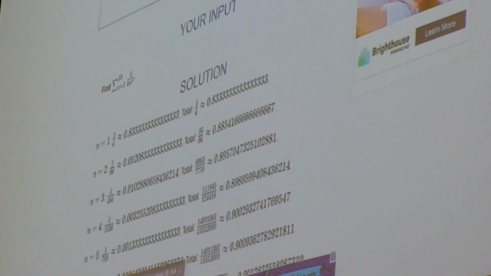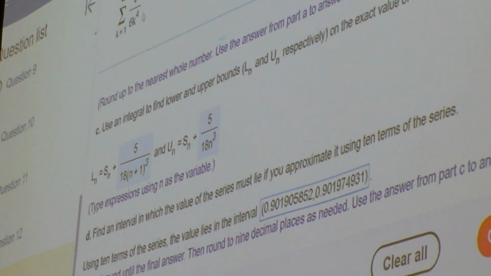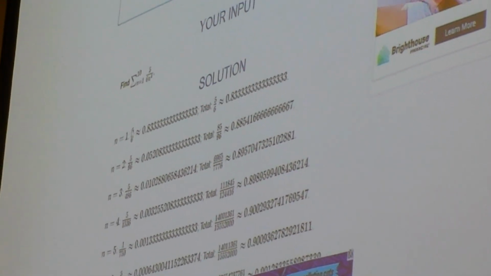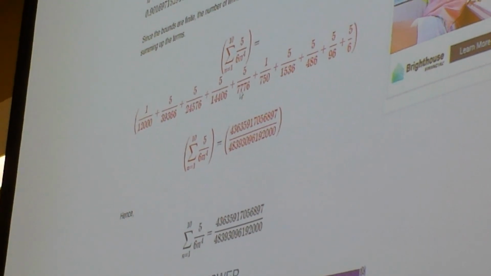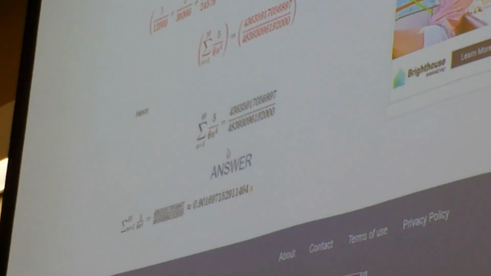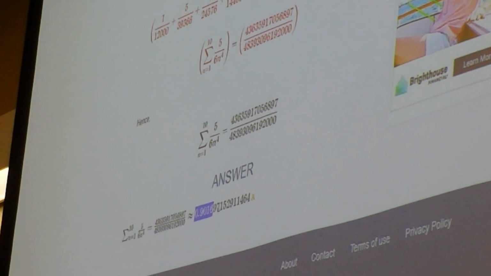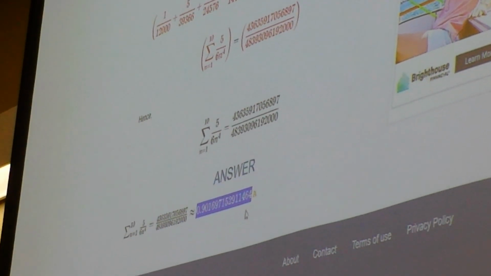That was the problem, correct? 5 over 6k to the 4th, that's good. And we did the first 10. There it is. There's our decimal. We copied and pasted this.